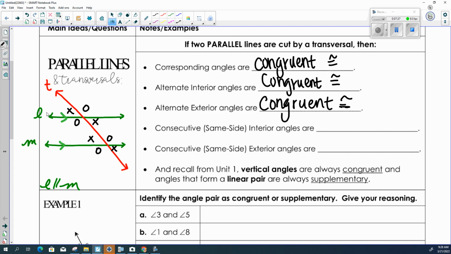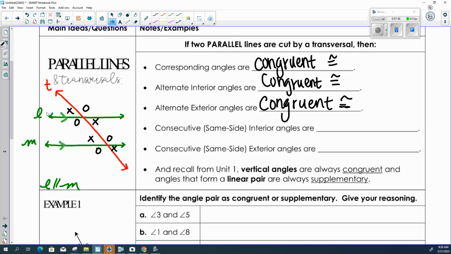Okay, here's the ones where it moves on from being congruent. Sometimes these special angle relationships, one will be an X, one will be an O. On my picture, I can see that one is acute and one is obtuse. The pictures aren't always that obvious, but it's a good start. So same side interior is an X and an O. Same side exterior are X's and O's.